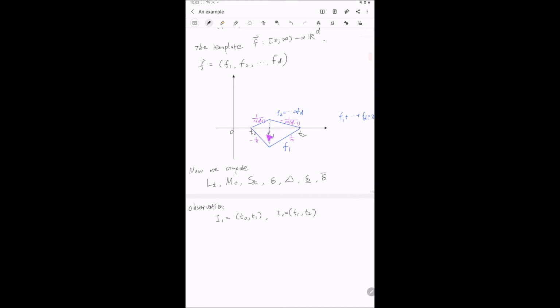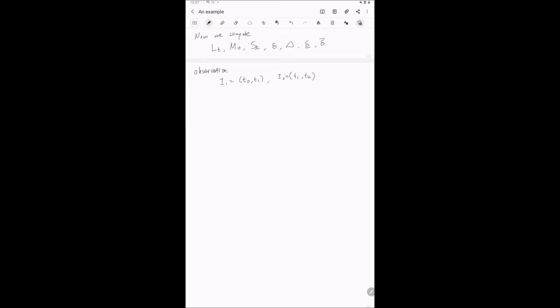They are intervals where f1 is strictly less than f2, and f is linear on those intervals. And we should also note that f0, which is by convention negative infinity, is strictly less than f1, which is strictly less than f2.